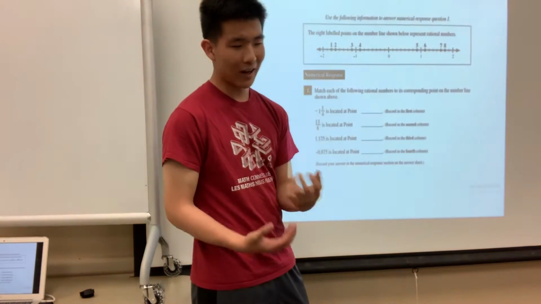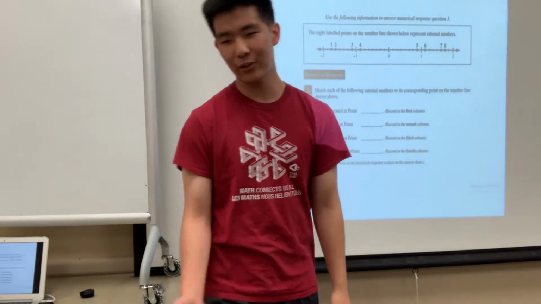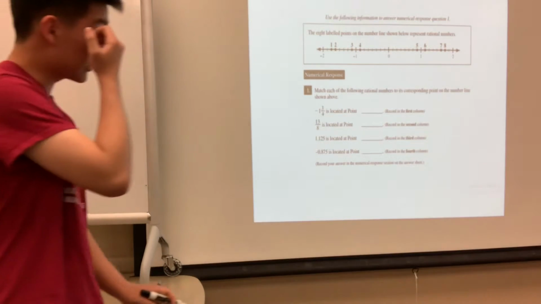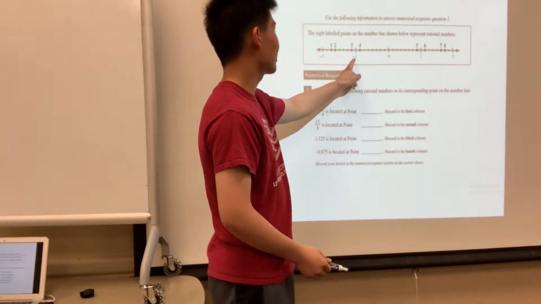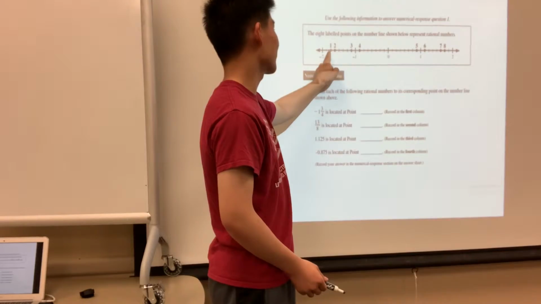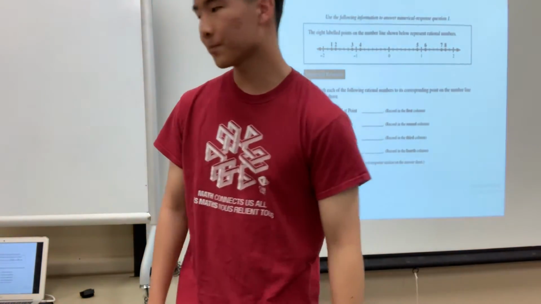So the way I like to do it is I like to keep it in one form, just so that I don't trip myself up. So I personally did fractions for this one, and if you actually look at the interval between each integer, there's 1, 2, 3, 4, 5, 6, 7, 8. So everything's in intervals of 1/8.